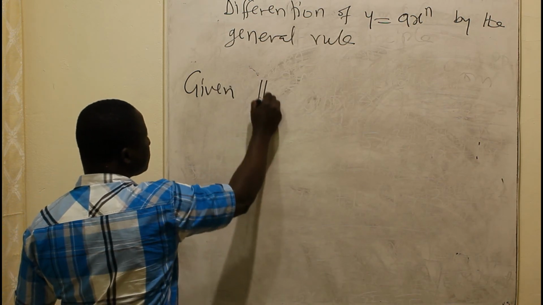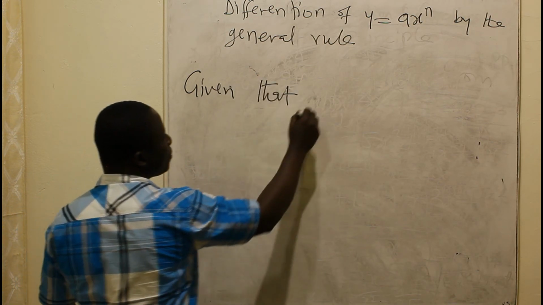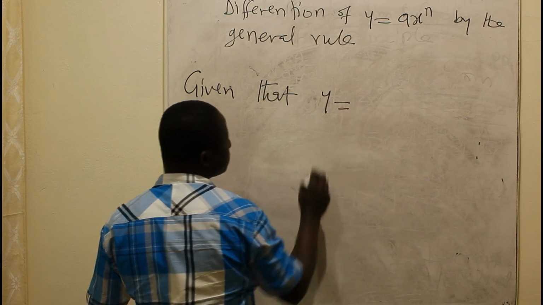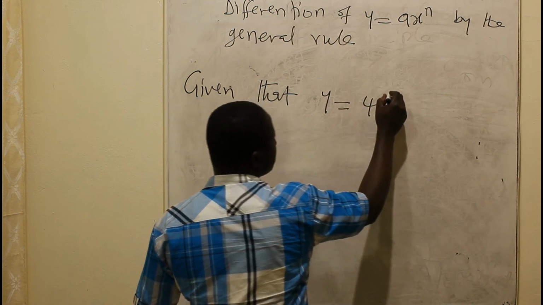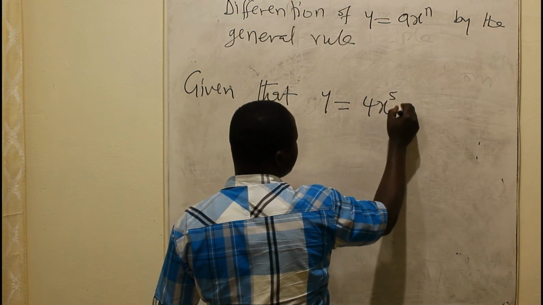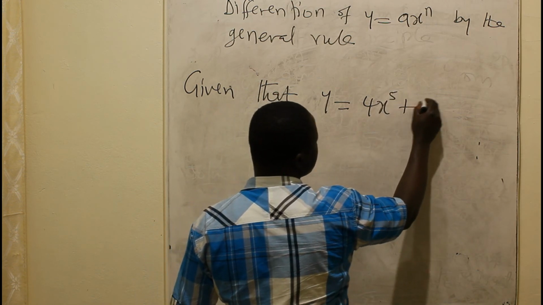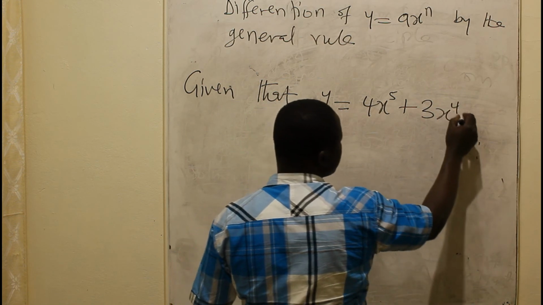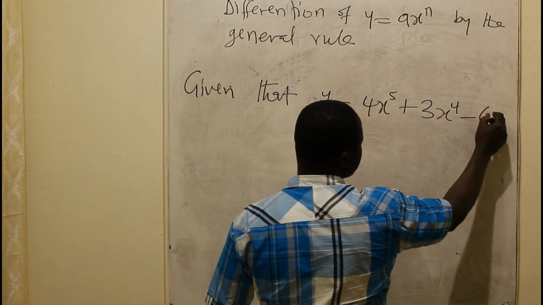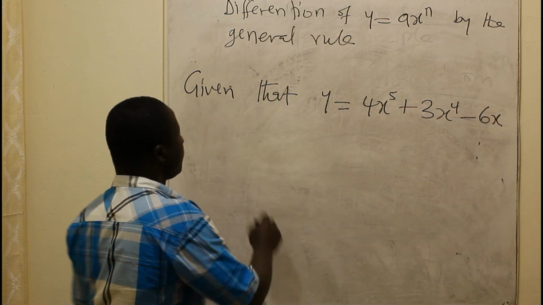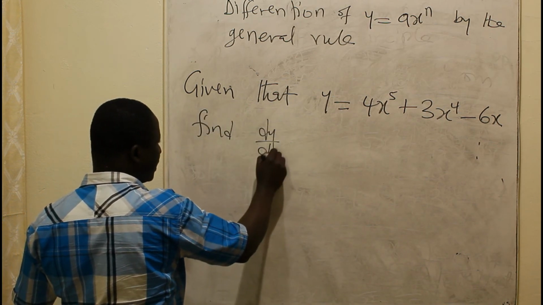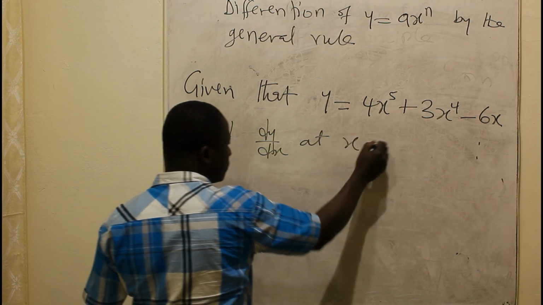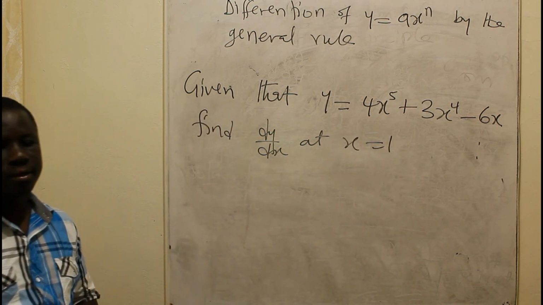Given that y equals 4x power 5 plus 3x power 4 minus 6x, find dy/dx at x equals 1.